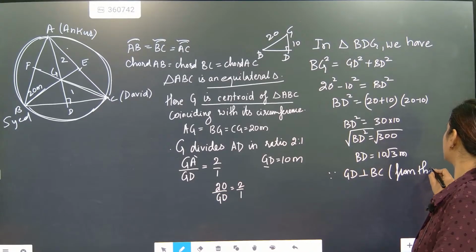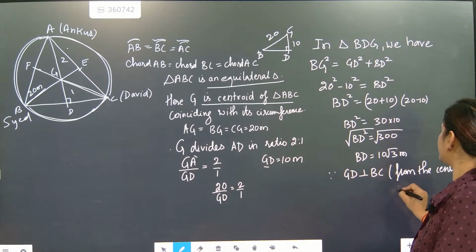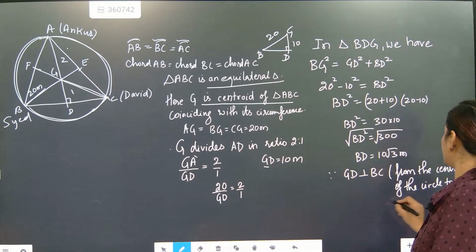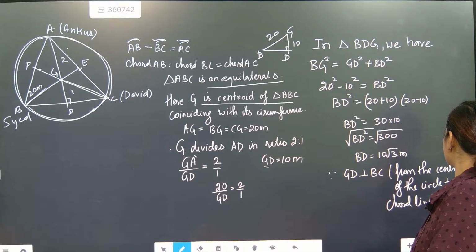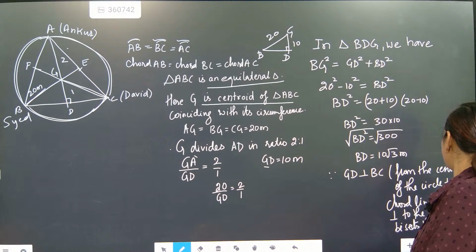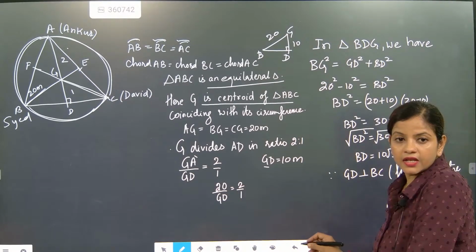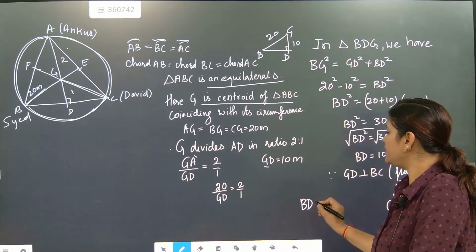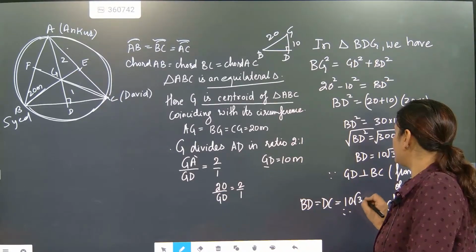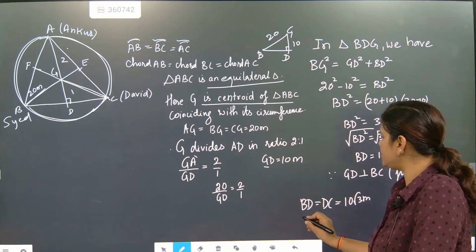From the center of the circle to the chord, the line drawn is perpendicular to the chord and bisects it. Note down everything very particularly, beta. So here BD will be equal to DC, and this part will be 10 root 3 meter. So what is the total length BC?